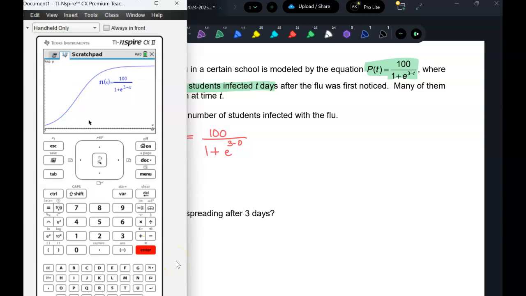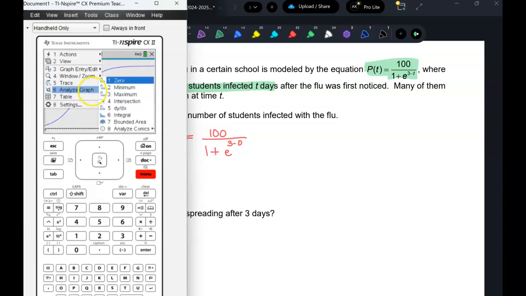So this is that logistic growth function that I was referencing. The carrying capacity would be the numerator. Meaning, if there are only 100 students, you can't get more than 100 students sick with the flu. That's why we call it the carrying capacity. So how do we find it?